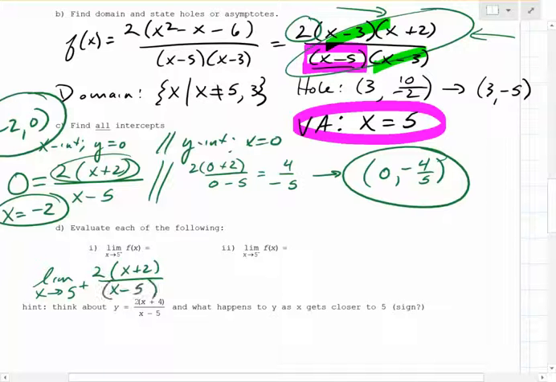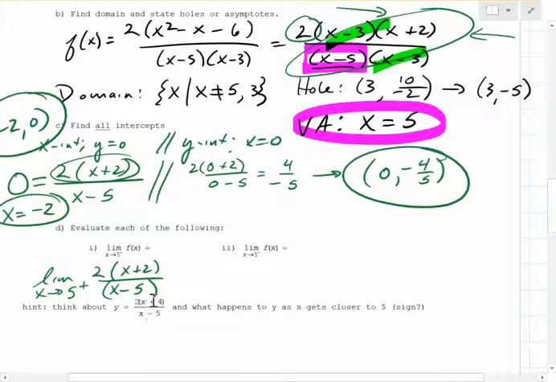Let's look at this for a sec. What happens to this as x goes to 5 from the right? Up here, can you tell me what the numerator goes to? What's 5 plus 2? What's 7 times 2? The numerator gets infinitely close to 14. That's fine. Let's look at the bottom. If you are to the right of 5, are you greater than 5 or less than 5? Greater than 5. What's 5.1 minus 5? 0.1.